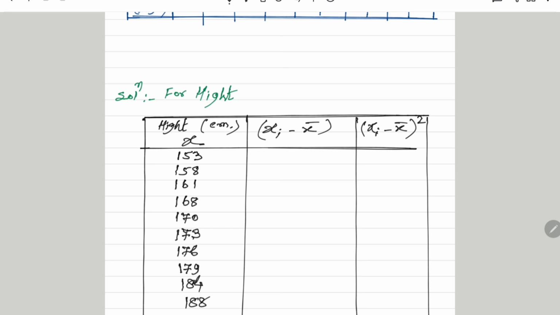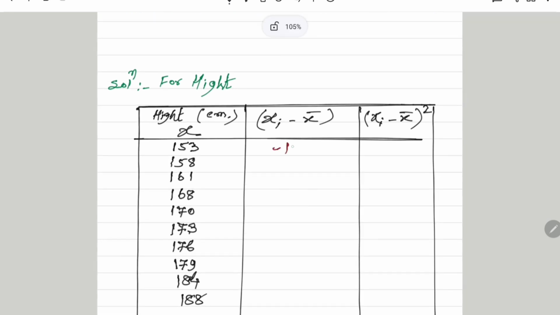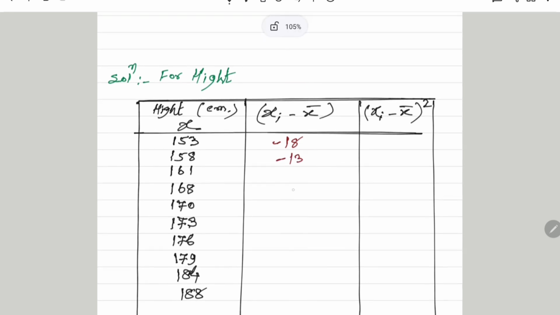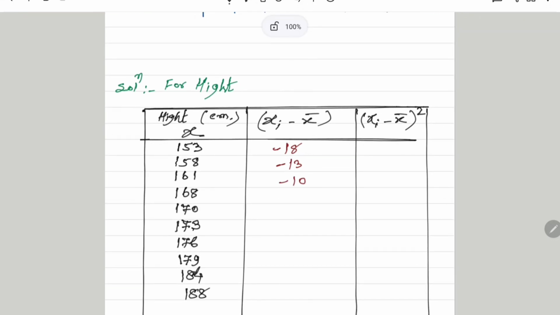Using the calculator, 153 minus 171, we get minus 18. Then 158 minus 171, we get minus 13. 161 minus 171, minus 10. 168 minus 171, minus 3. 170 minus 171, minus 1. 173 minus 171, we get 2. 176 minus 171, 5.